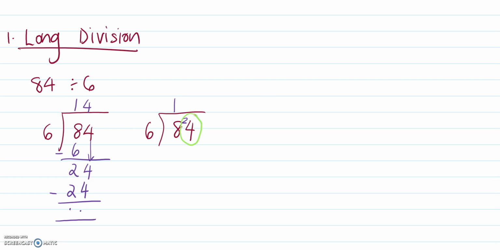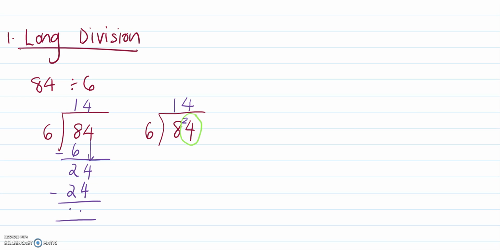That makes it the number 24. Can 6 go into 24? Yes. How many times? 4 times. Any remainder? No. So this is the same process, shorter, fewer steps, okay? And therefore this is called short division, and that is long division.